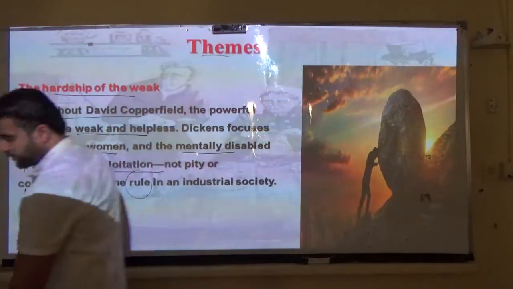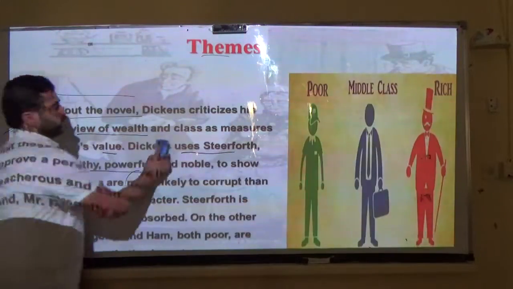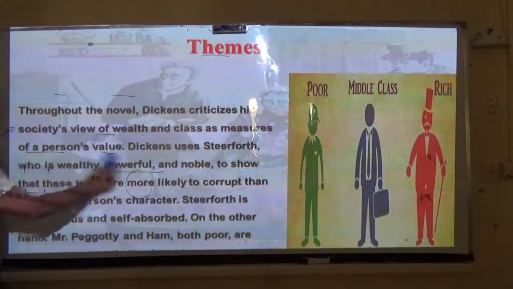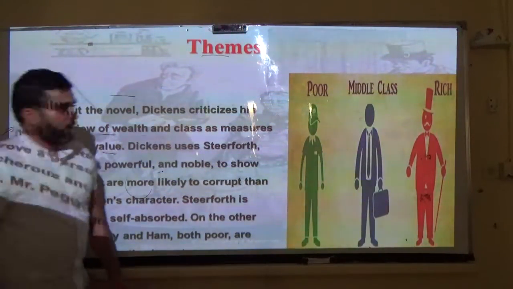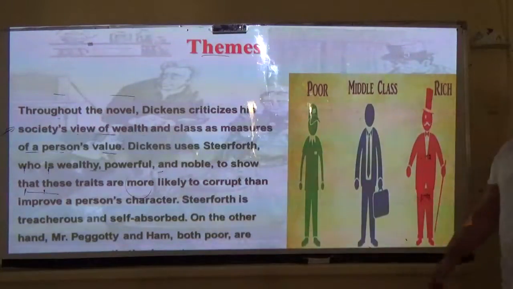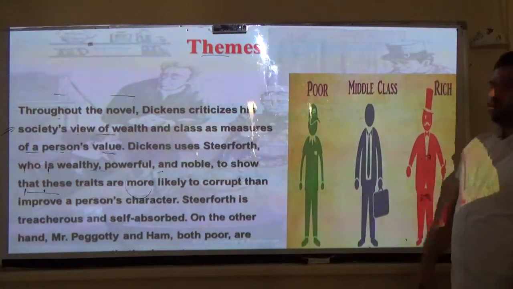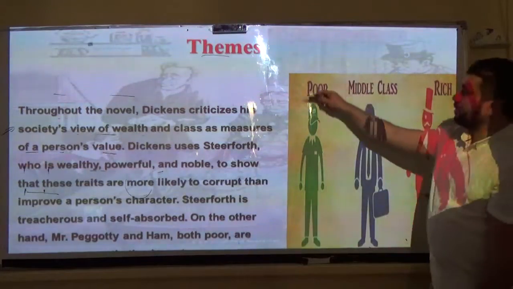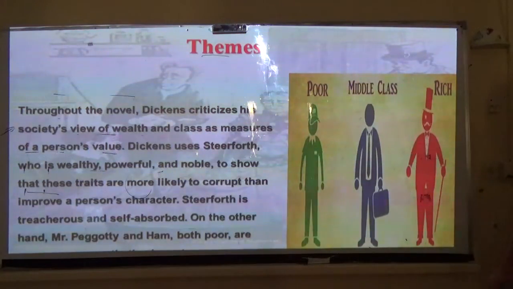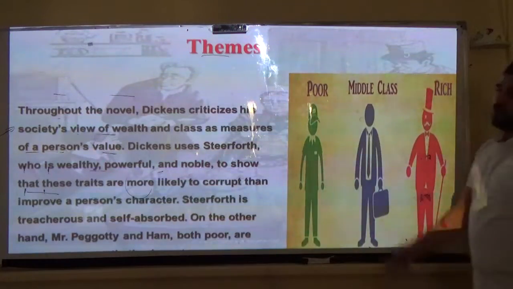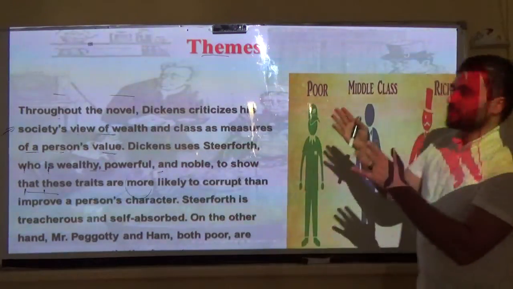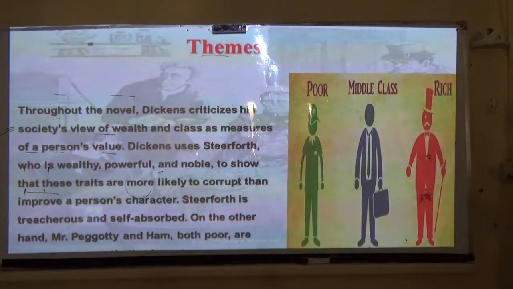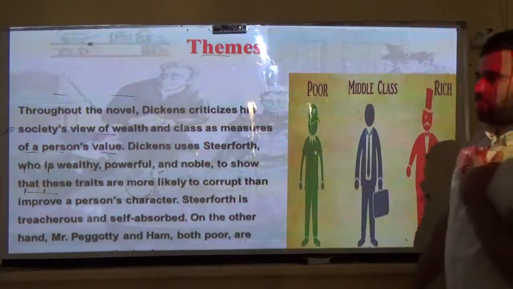Second one. Look at this picture. I think we have 3 classes here: the poor people, the middle class, and the rich people. From that, let's read the explanation and find a suitable title.